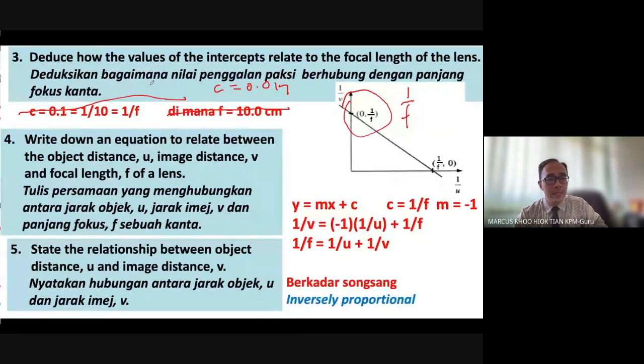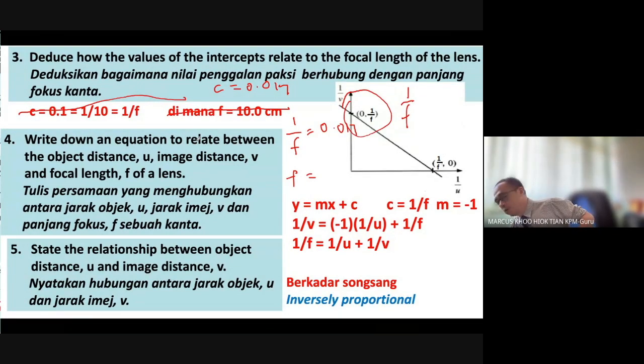Now if c is 0.017, the most important thing is that 1 over f is 0.017. So what is my f? f will be 1 over 0.017, which will give you about 58.8. At least this is my answer. 58.82 cm.